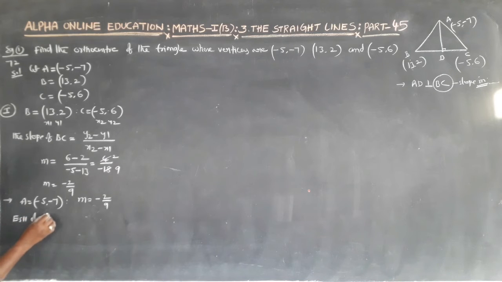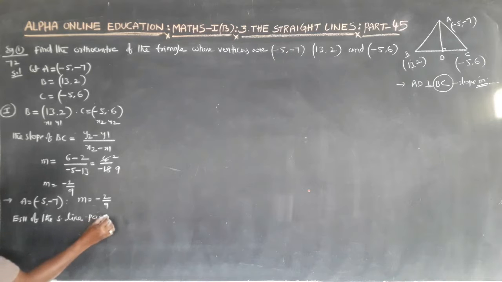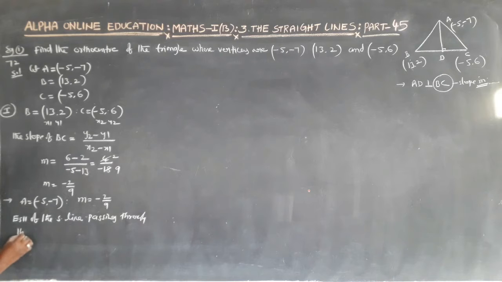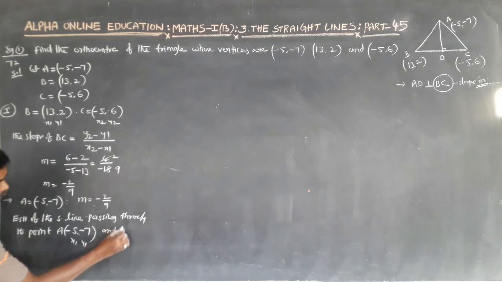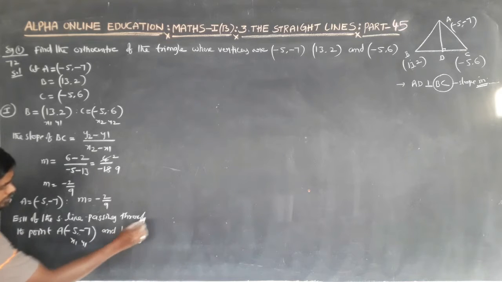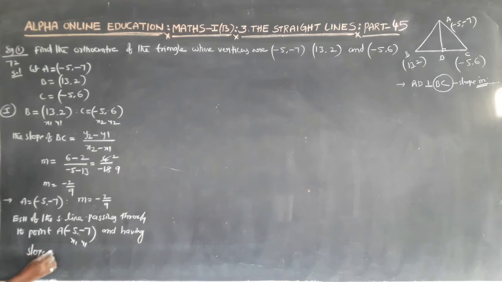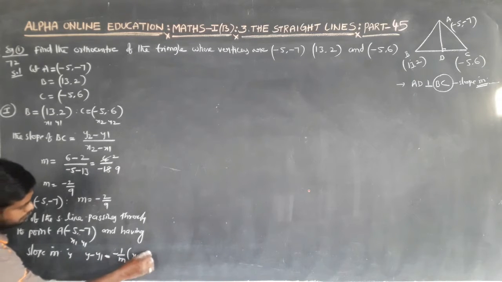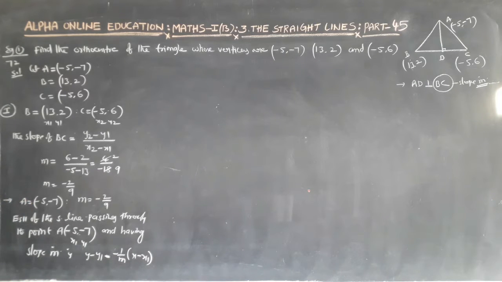The equation of the straight line passing through the point A (x1, y1) and having slope minus 1 by m is y minus y1 equals minus 1 by m into x minus x1.